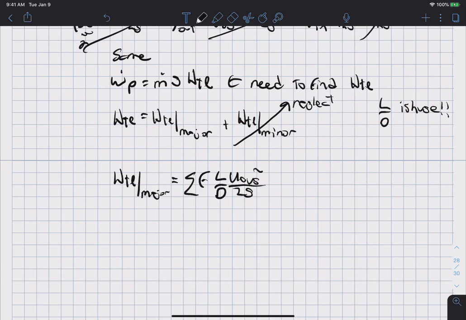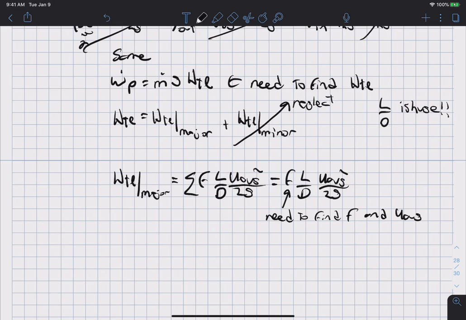Okay, and so there's only one section of pipe, so this equals f L over D times the average velocity squared over 2g. Okay, so we need to find f and U, the average velocity.